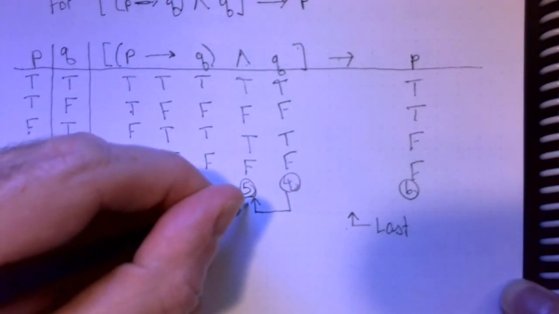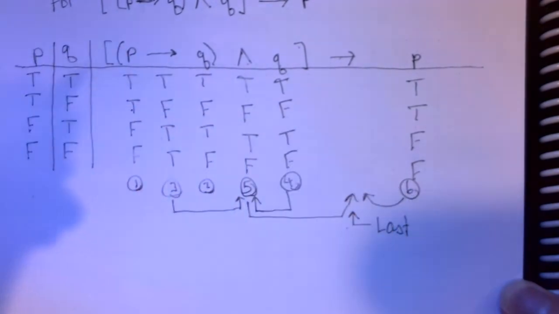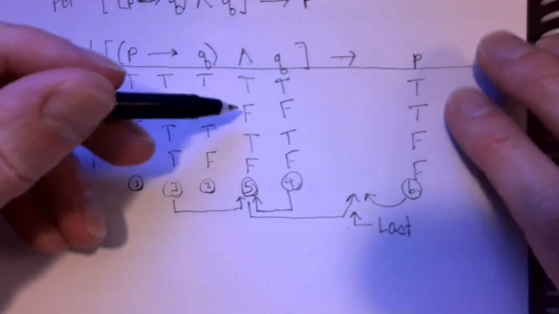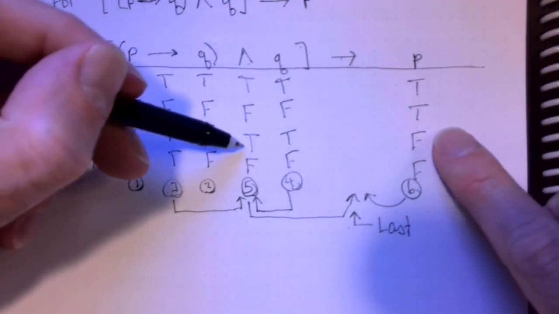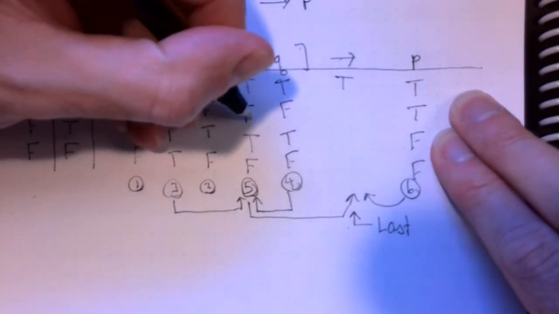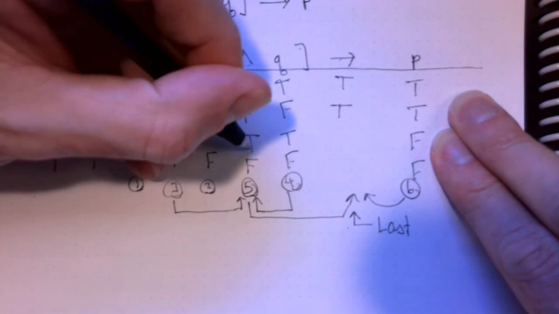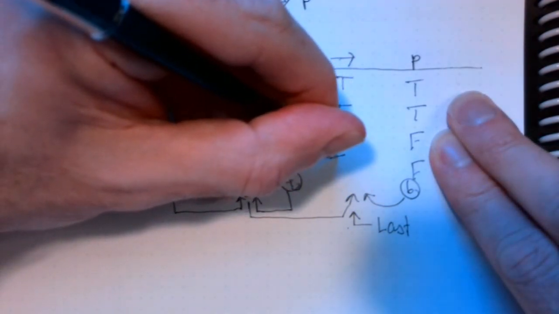Now I'm going to take this column here, and this column here, and we're going to do the conditional operator. So true, true, false, true.